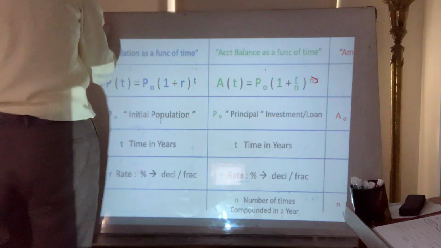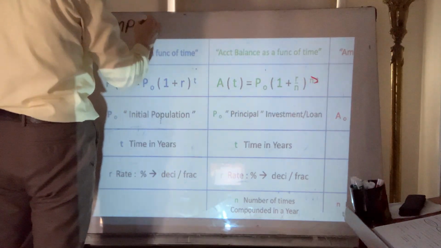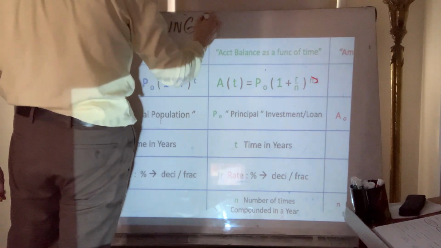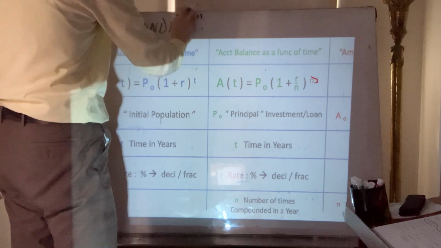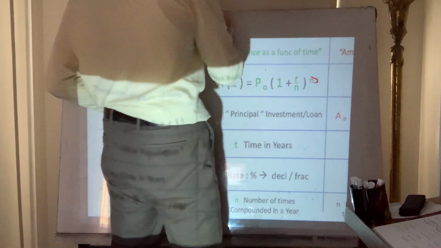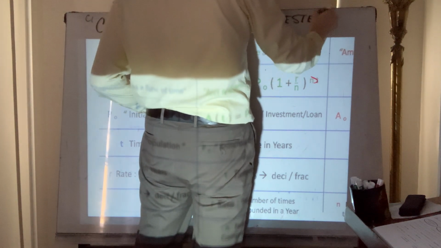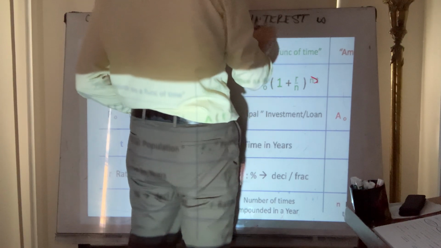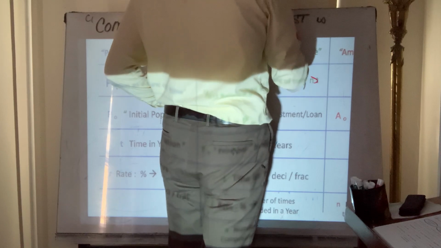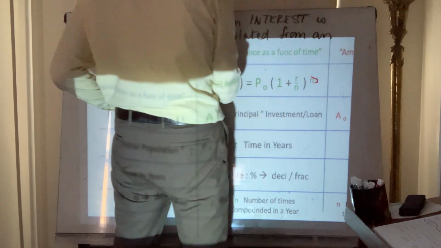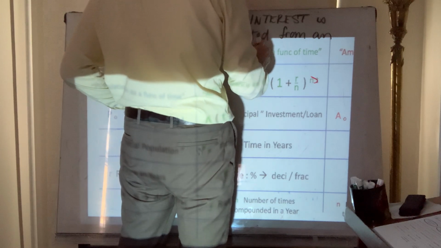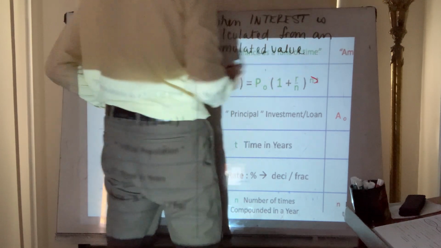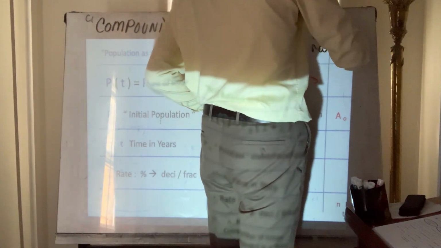When it comes to something called compounding, essentially, it's when interest is calculated from an accumulated value, rather than just an original value.